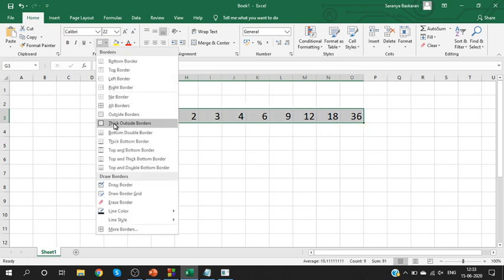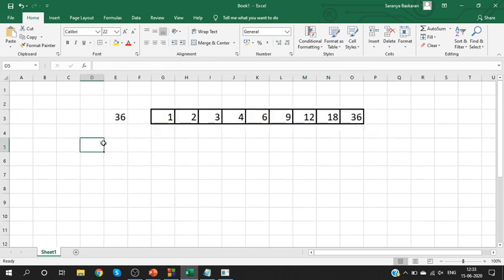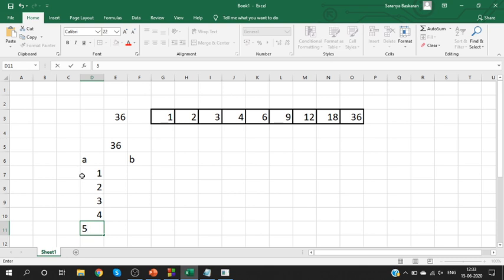What I'm going to do is write it as pairs. The factors of 36 are divided into two sets, A and B. What I'll do is 1, 2, 3, 4, 6 will be in set A, and 6, 9, 12, 18, 36 will be in set B.